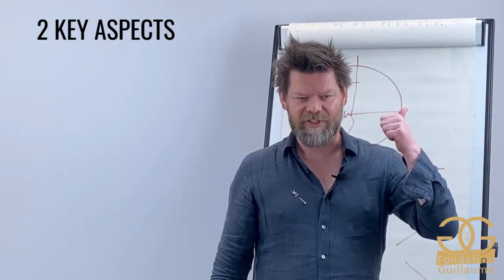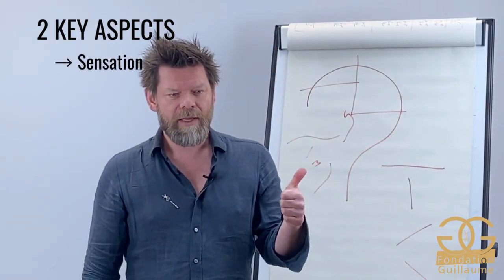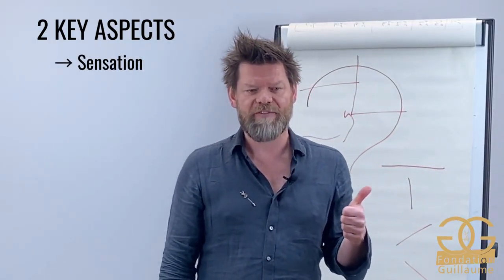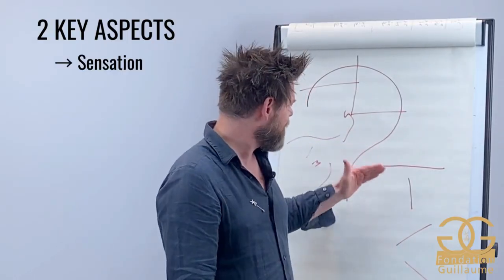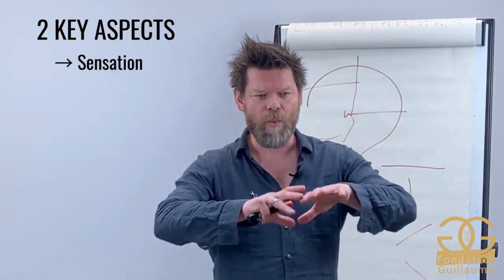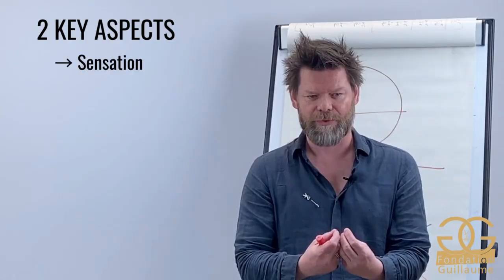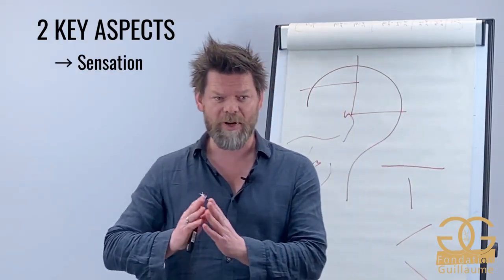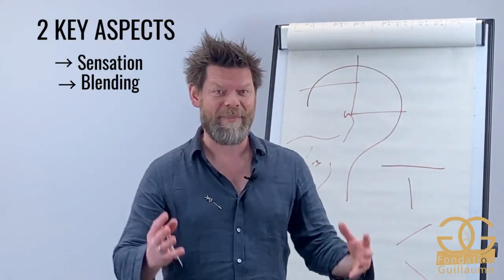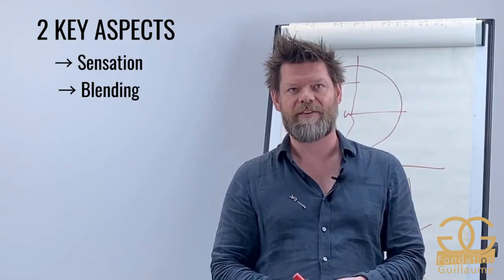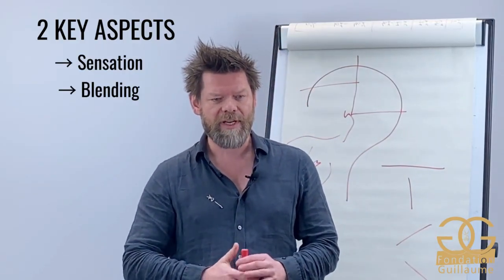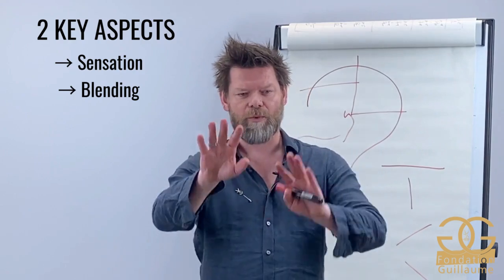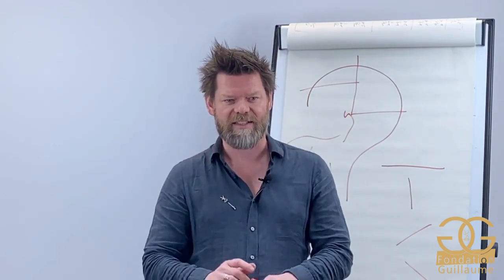The first one is the sensation in each zone: how much blonde feeling do we want to have in the different sections, so how much awareness of sensation we want to have. The second part is how we want to blend the color that we're going to insert in the hair, ensuring smooth transitions from natural to blonde effects.